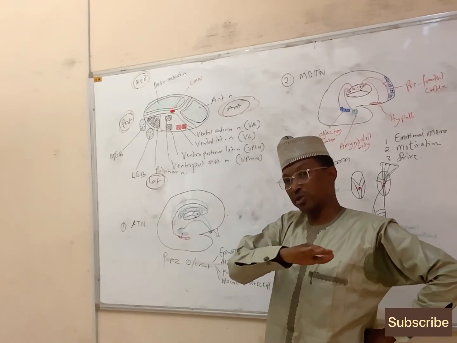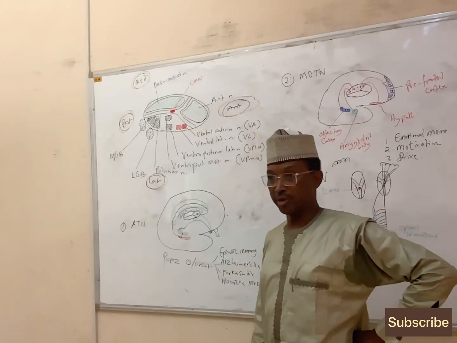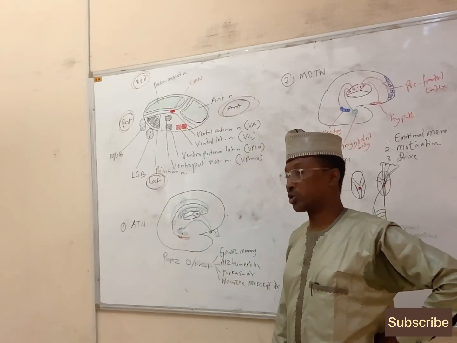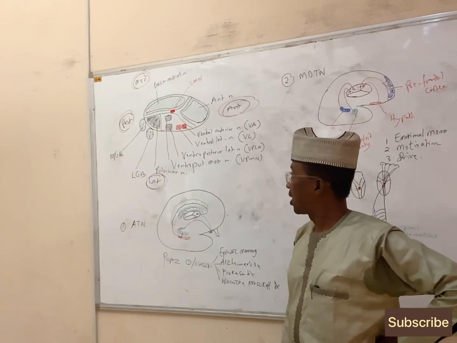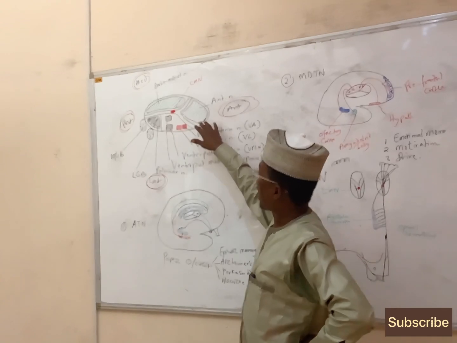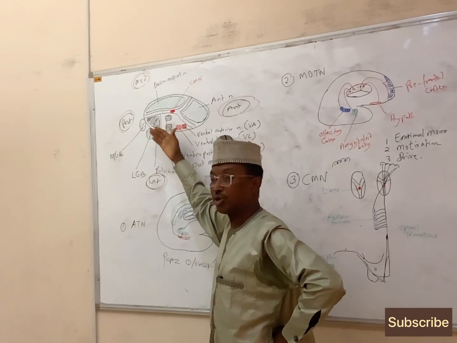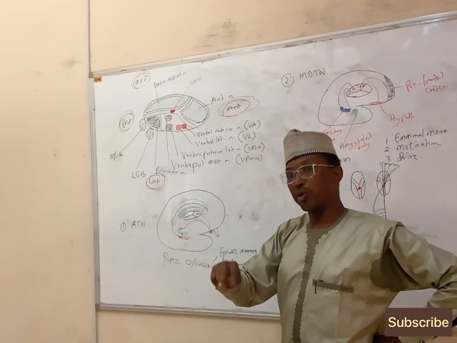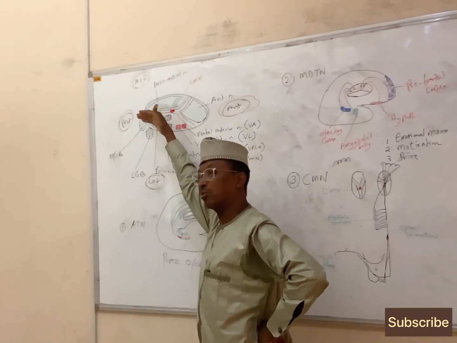When you now take the horizontal section of the thalamus, this is exactly what we are going to see, and I already discussed some of the features of this cross-section. If you can remember very well, I said that at the posterior aspect of the thalamus there are two groups of nuclei, one on the lateral side and the other on the medial side.